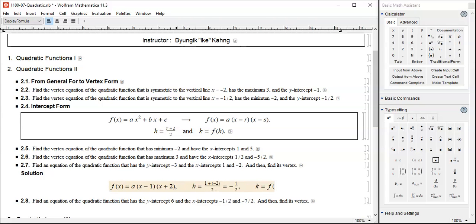Nonetheless, let's just put it here. k is given by f of h, which is f of 1/2. Oh, excuse me, -1/2. So plugging in -1/2 here.